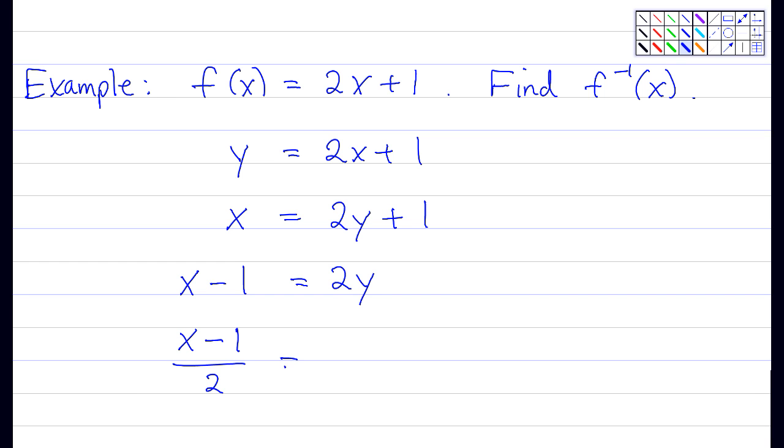We're actually done. The very last step, replace the y with f inverse of x, which is what we were trying to find up here. F inverse of x equals x minus 1 over 2.